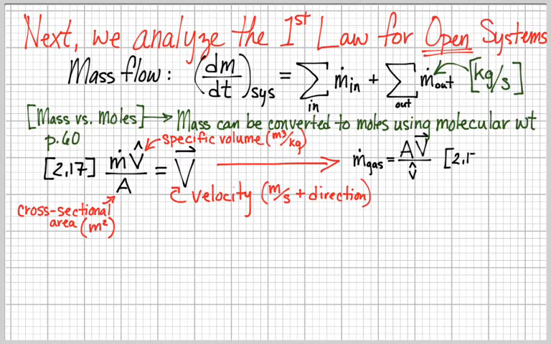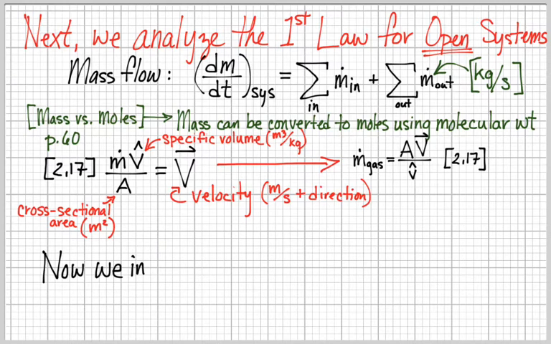And I need to think about the cross-sectional area. I need to think about the specific volume of the material that is flowing in, right? And if I do a unit analysis, I find that I get velocity coming out of that analysis.